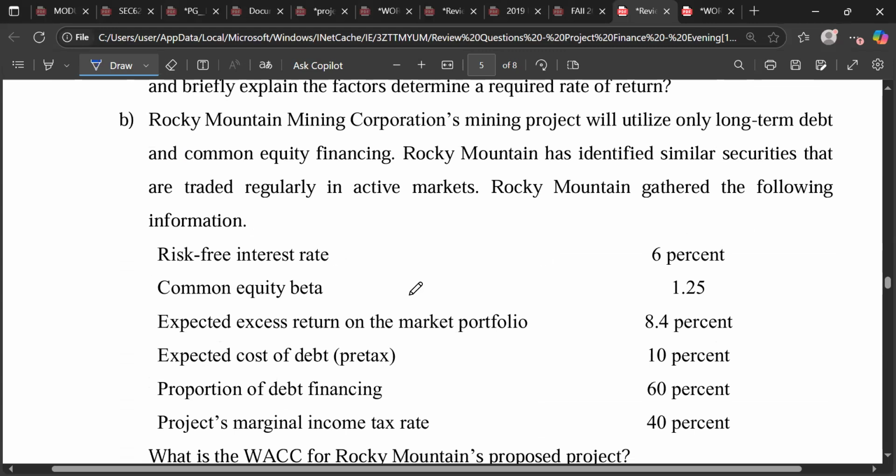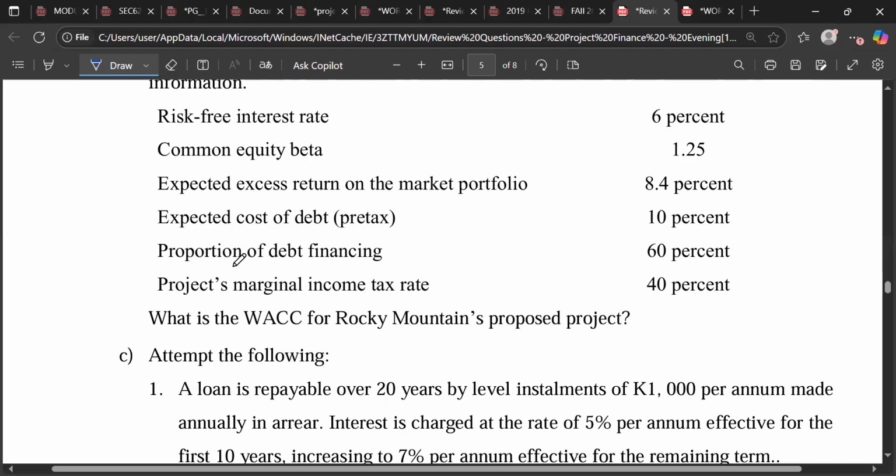Our common equity beta is 1.25. The expected excess return on the market portfolio is 8.4%. Cost of debt before tax is 10%. Proportion of debt financing, 60%. The project's marginal income tax rate, 40%. What is the weighted average cost of capital of Rocky Mountain's proposed project?